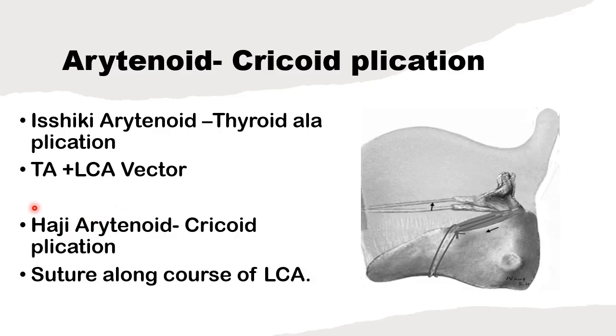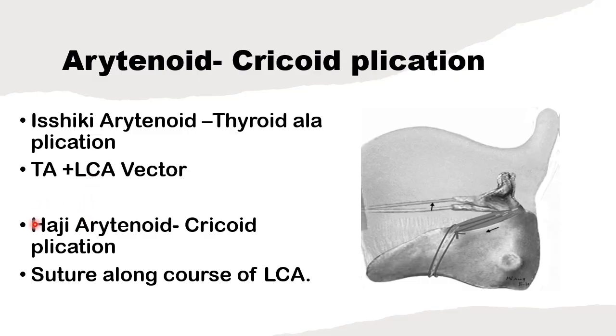And then came a suggestion for a modification by Haji, who suggested pulling the suture line in the direction of the cricoid rather than the thyroid ala. The original Ishiki description was arytenoid thyroid ala suture, and this would mimic the action of both the thyroarytenoidus and the lateral cricoarytenoid.